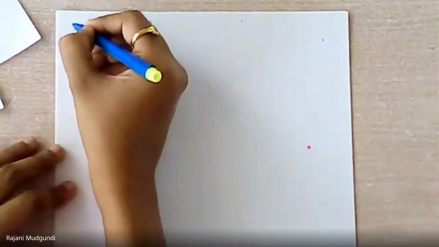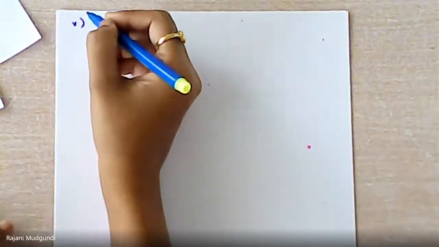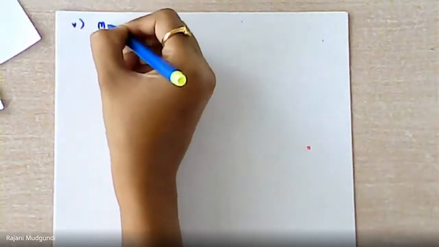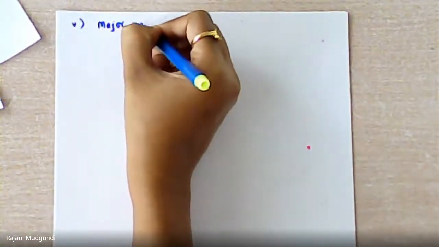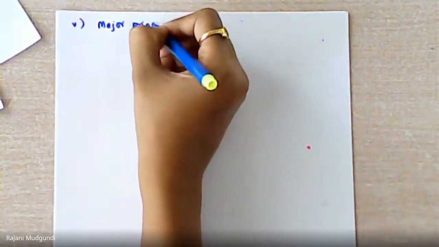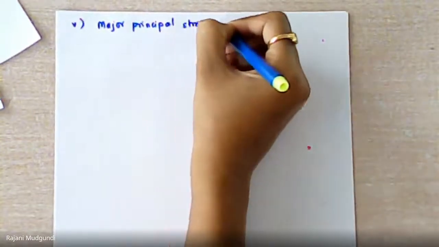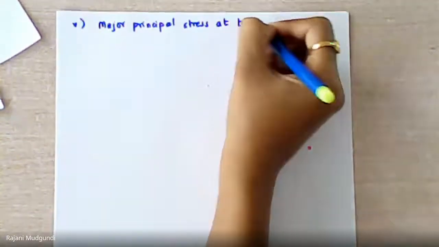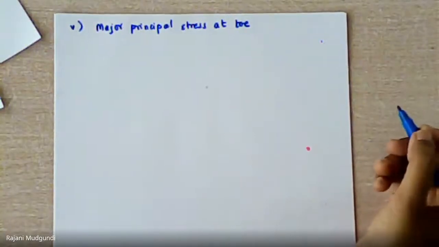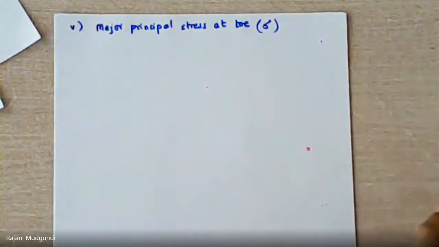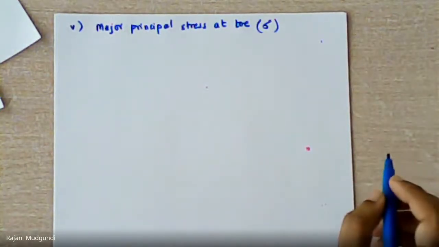So now, fifth one, major principal stress at toe. Principal stresses are generally indicated by symbol sigma.